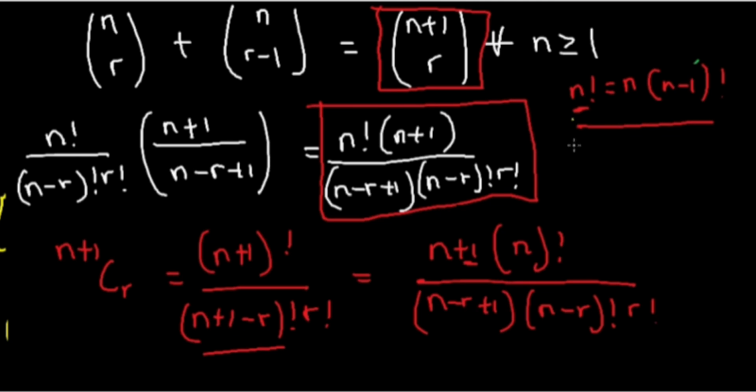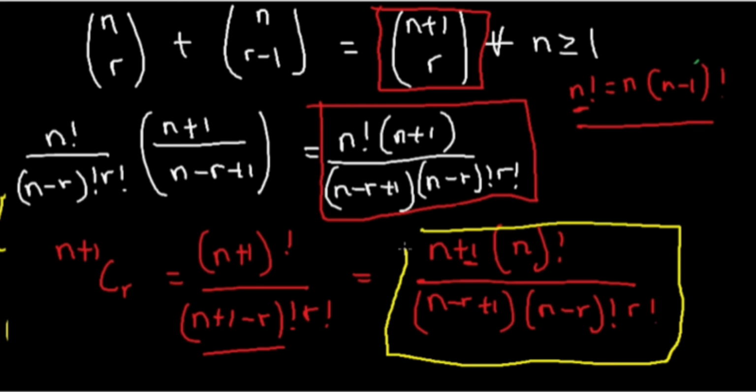You can see that it's the same thing with what I got earlier in the left hand side. So this is equal to this. Therefore this assertion is correct. So that's how to prove the Pascal identity.